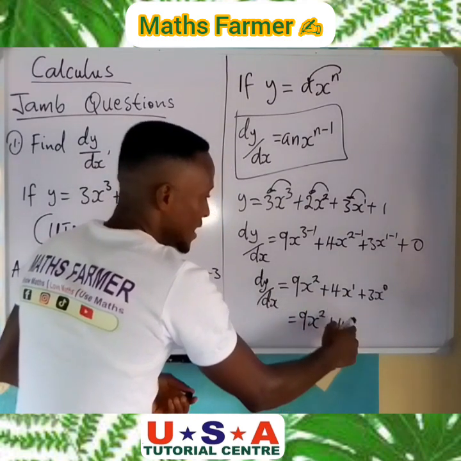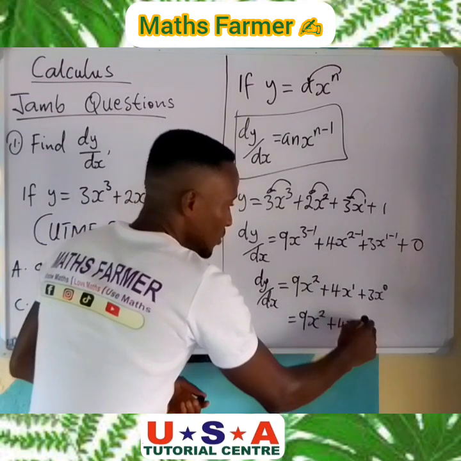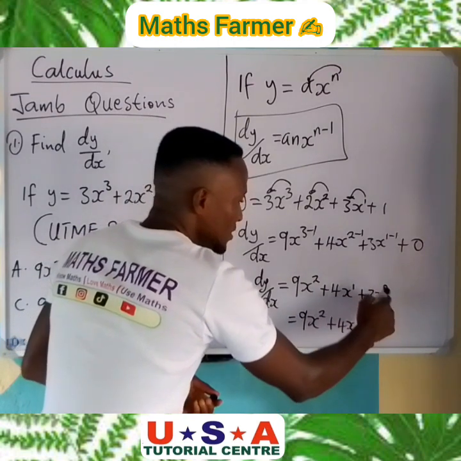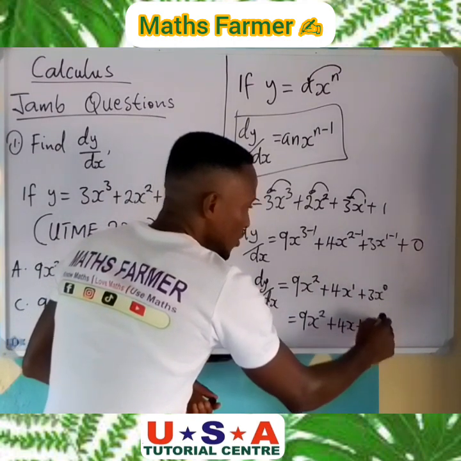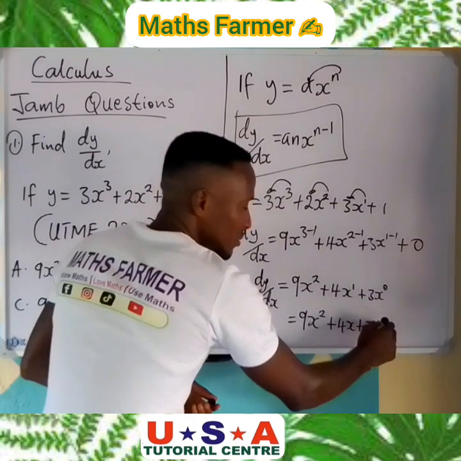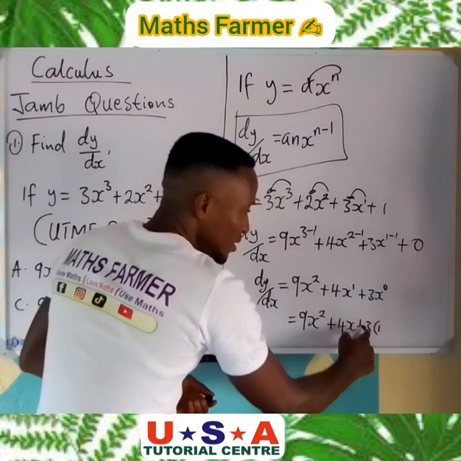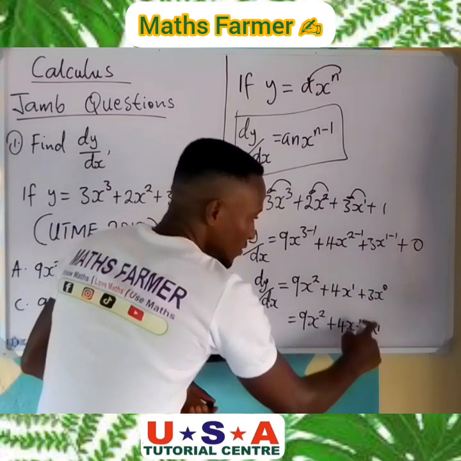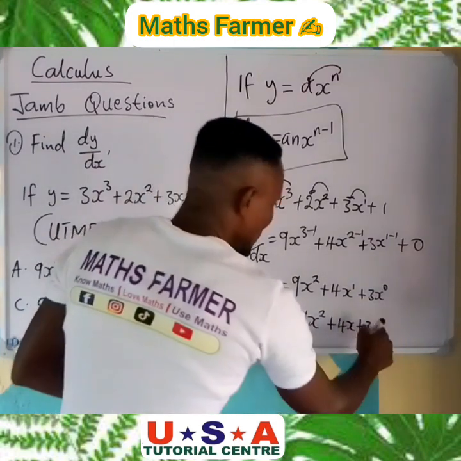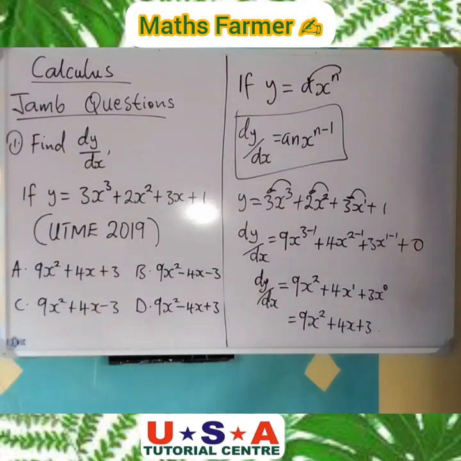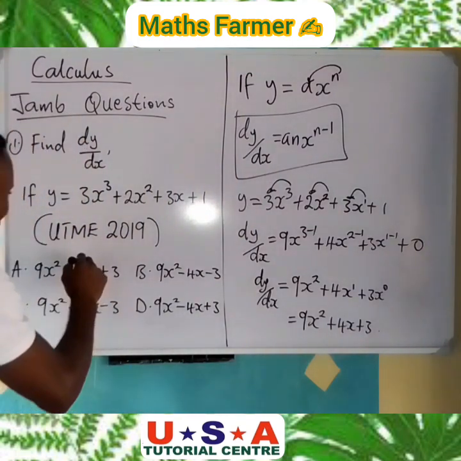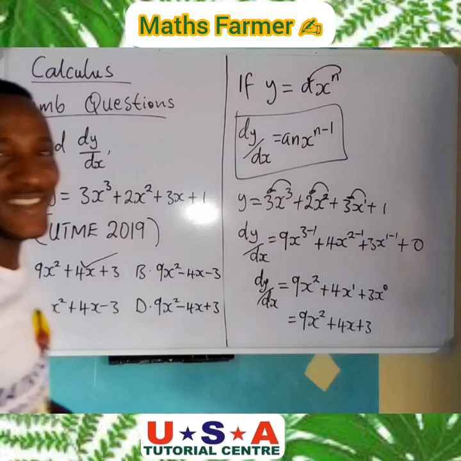Of course, 4x^1 is equal to 4x. Now, plus, by the law of indices, anything raised to the power 0 is what? 1. That means 3 times 1 is going to give us 3. So this is what you have. From the options, which option is correct? Option A is correct.